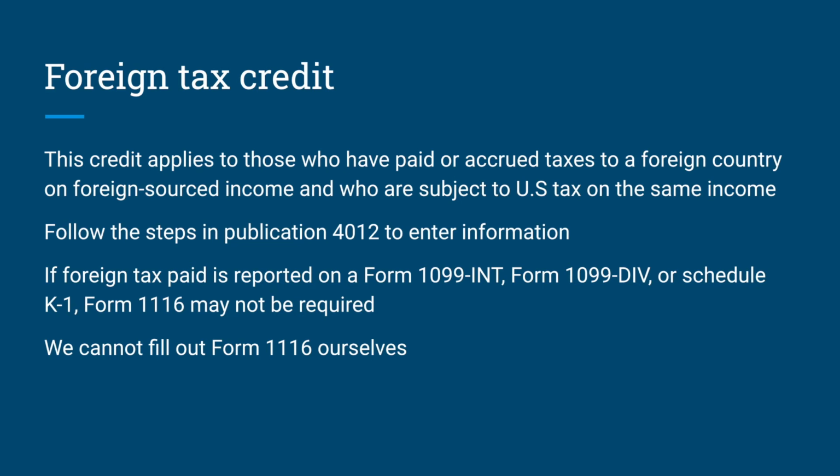But if we have to fill it out ourselves, which publication 4012 lists in some scenarios, we cannot do that under our advanced certification. So again, if you see foreign taxes paid, that's an area where I would call a more experienced volunteer and make sure to refer to your resources, because that's an area where things can get very confusing and very risky for us quickly as far as making sure that things are always in scope.